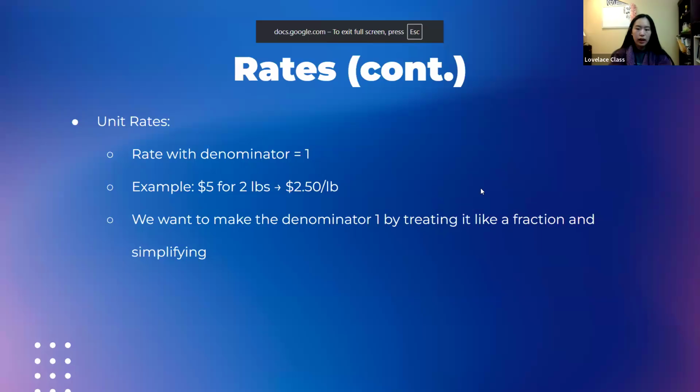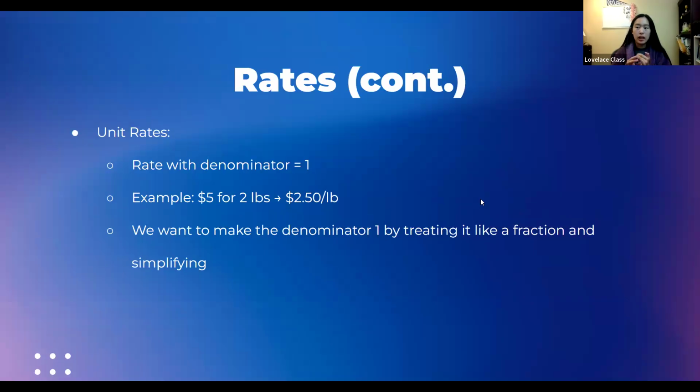Okay, so there's also something called unit rates. Unit rates are basically just rates with a denominator of 1, hence why they're called units, right? So if we have 2 pounds of potatoes and it costs $5, then we can say that the unit rate is $2.5 for 1 pound.